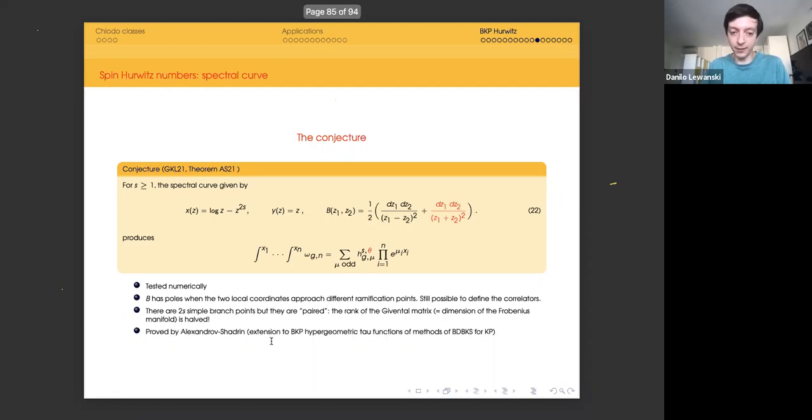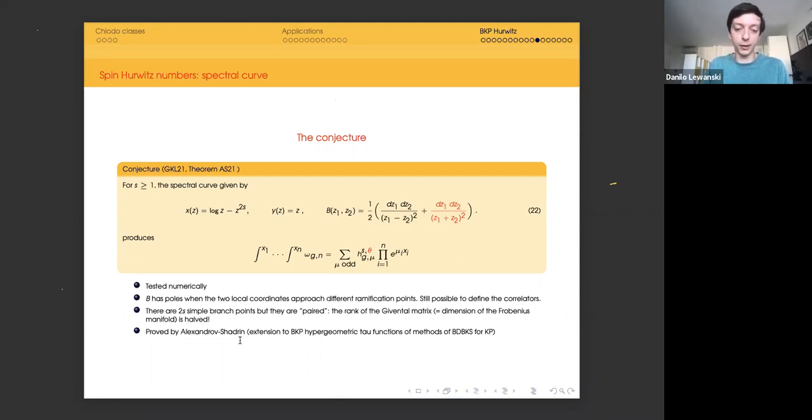What is interesting and very recent is that Alexandrov and Chiodo proved this conjecture, applying to the BKP hypergeometric tau functions the methods of an earlier paper with many people that are here. So Bychkov, Dunin-Barkowski, Kazarian, Shadrin, and Chiodo for the KP hierarchy.